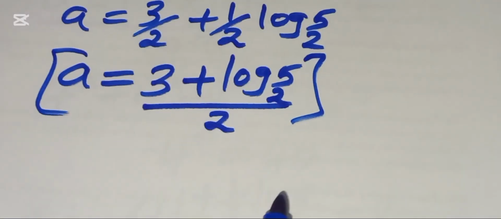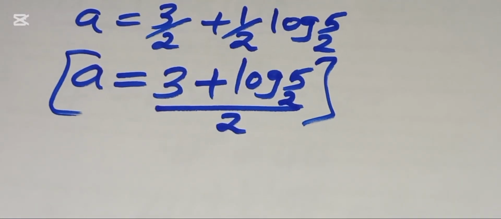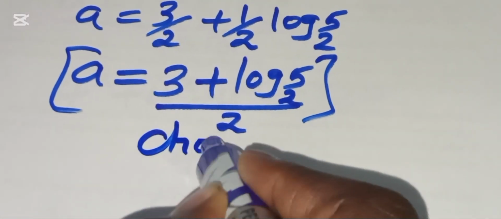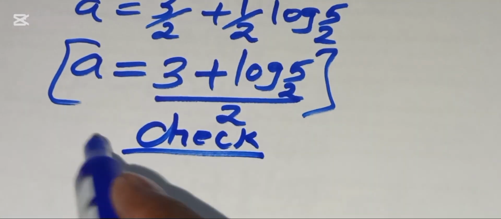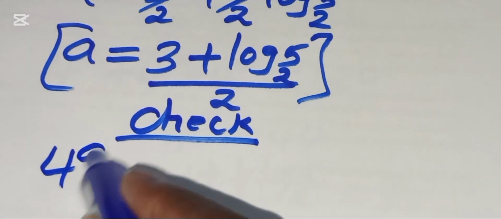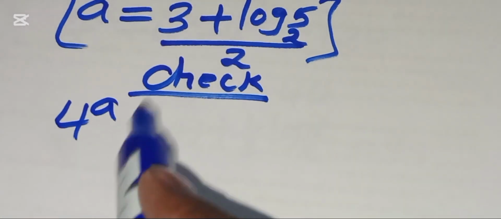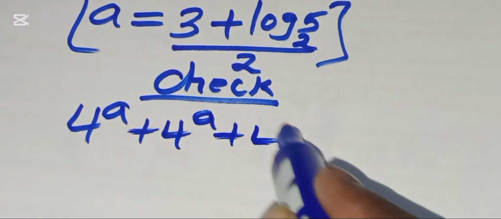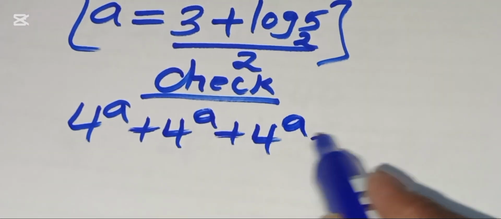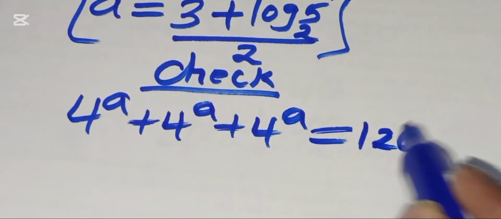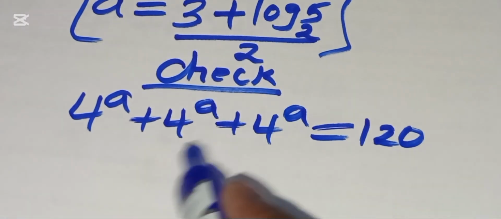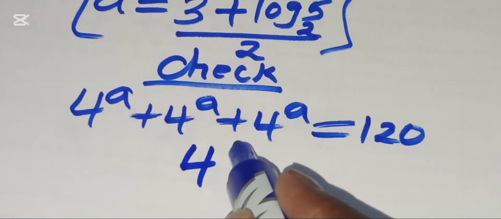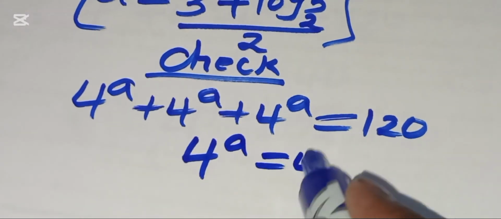Let's check if this value of a satisfies the equation. If you recall, we had 4 raised to power a plus 4 raised to power a plus 4 raised to power a equal to 120, which we simplified further to 4 raised to power a equal to 40.